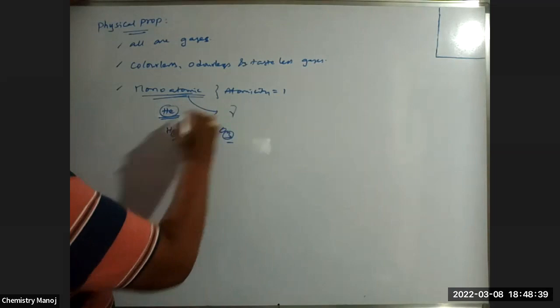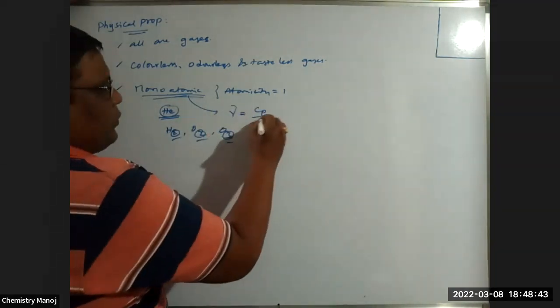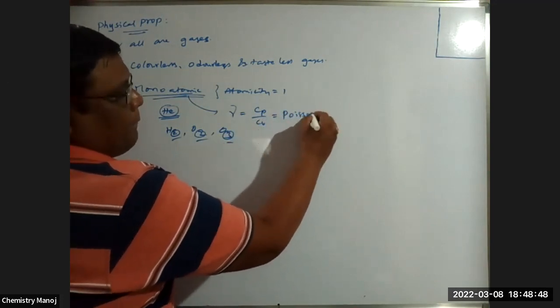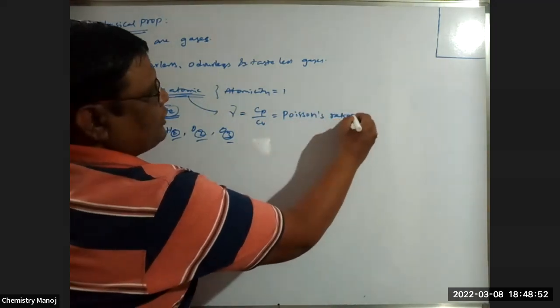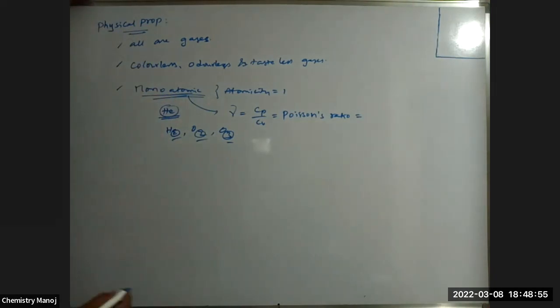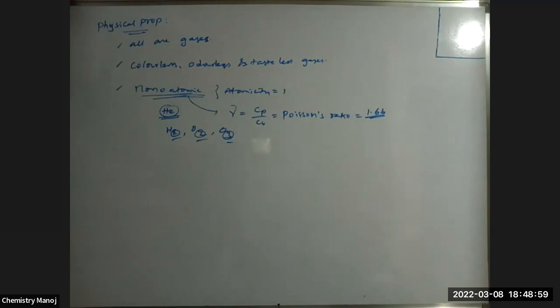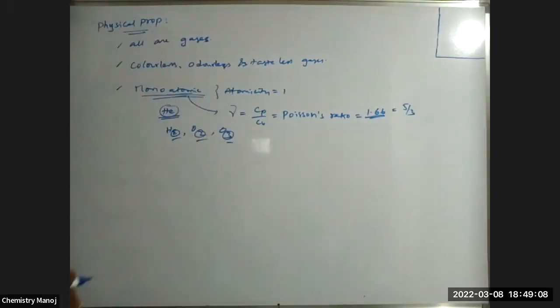Because these are monoatomic gases, the gamma value, that is Cp by Cv, which is called Poisson's ratio, is 1.66.